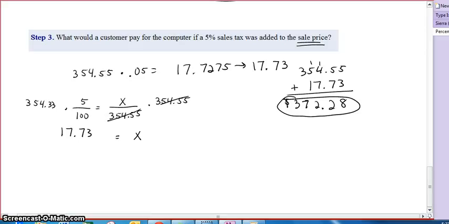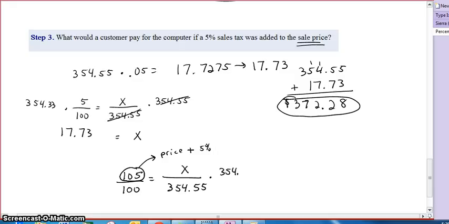Now, think for a moment about this proportion. What if instead of 5%, I did 105% of $354.55? Think about what this 105% represents. It means you're spending 100% of the price, plus you're adding what percentage? 5%. So when I multiply and I solve for x, let's see what answer we get.